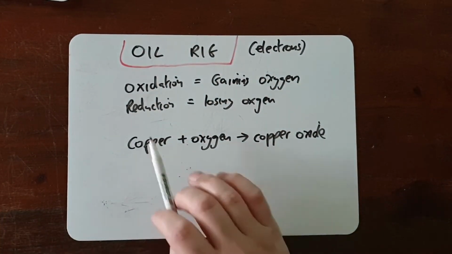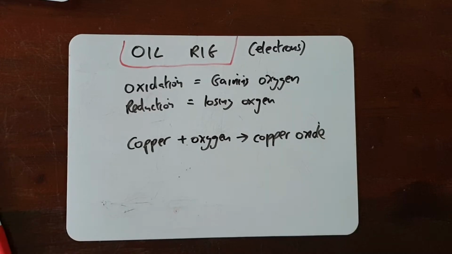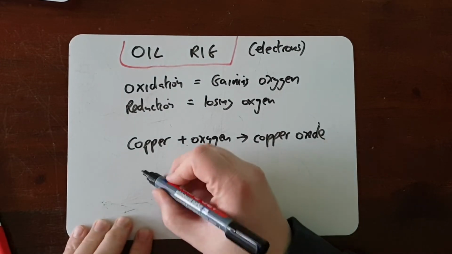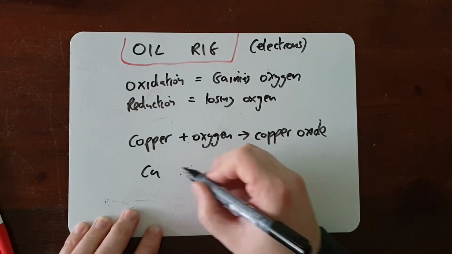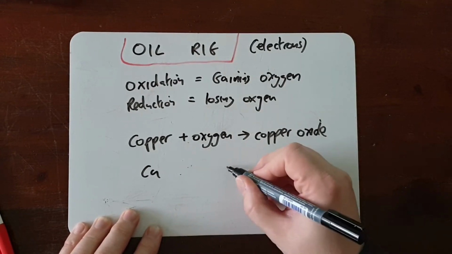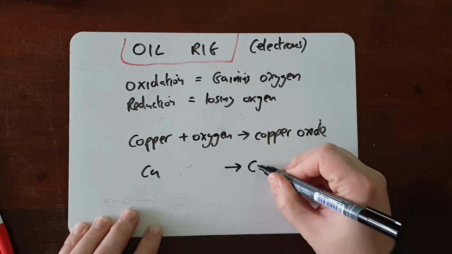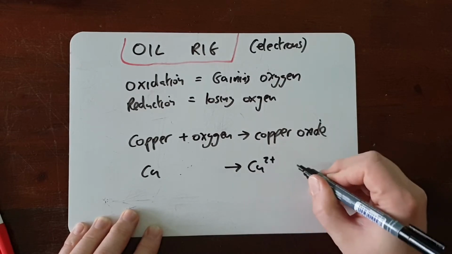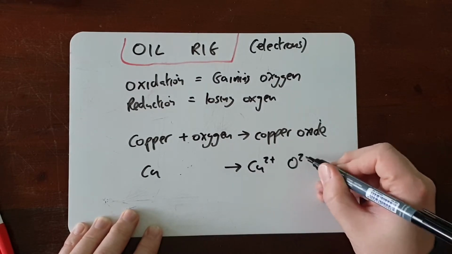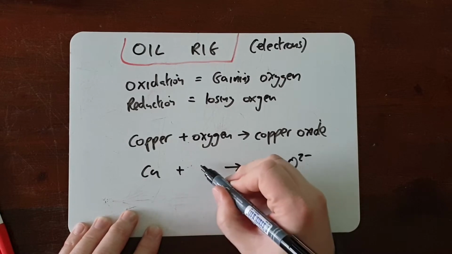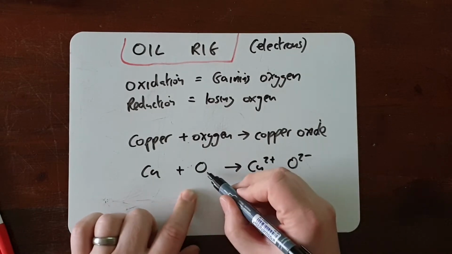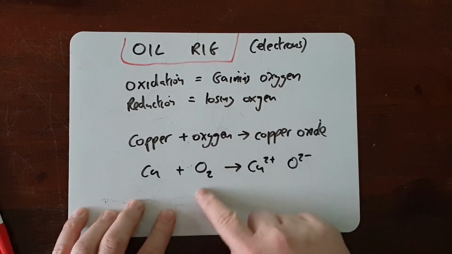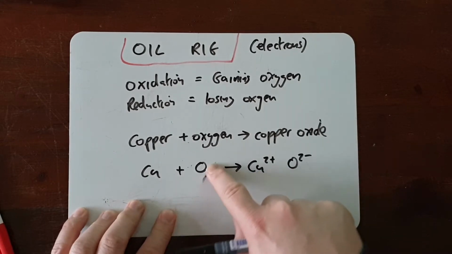If we look at this in terms of the actual chemicals, what's going on here? Well, here we've got copper, which is Cu. It's reacting with oxygen, and it's Cu2+ and O2-. I know this should technically be O2, and I'll balance it all out. I'm just going to keep it simple for a second.